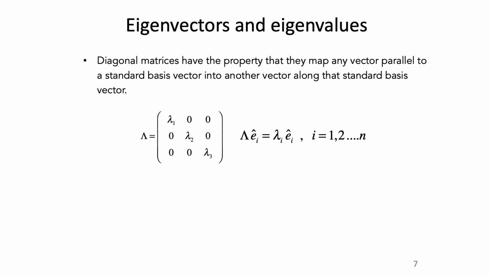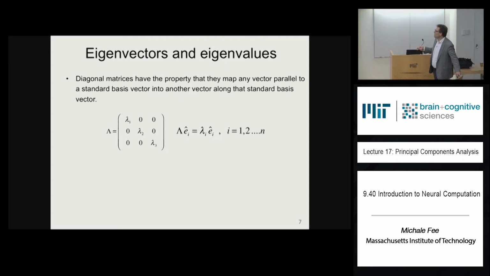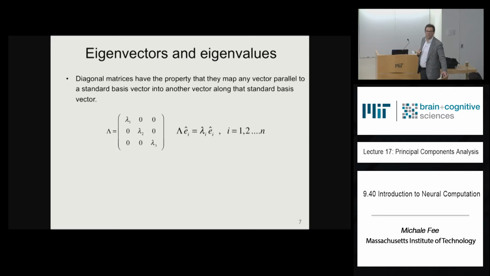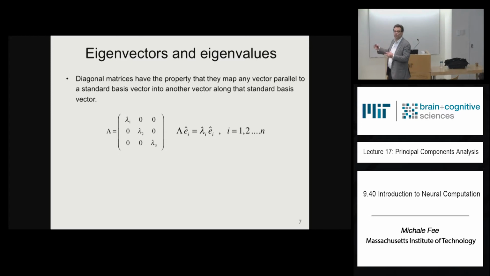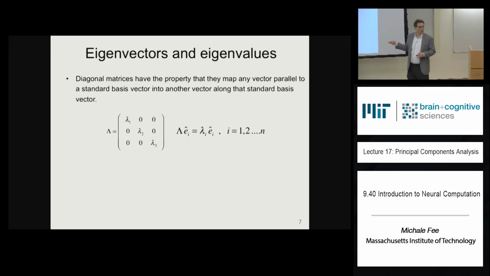And there are n equations that look like this, that say that this matrix times a vector in the direction of a standard basis vector is equal to a constant times that vector in the standard basis direction. Any questions about that? Everything else just flows from this very easily. If you have any questions about that, just ask.